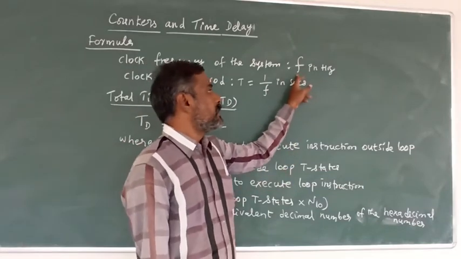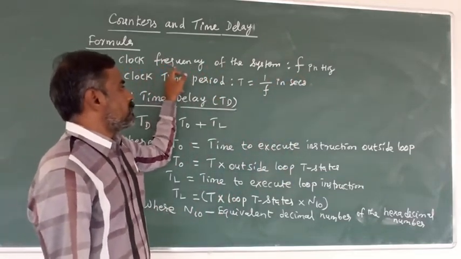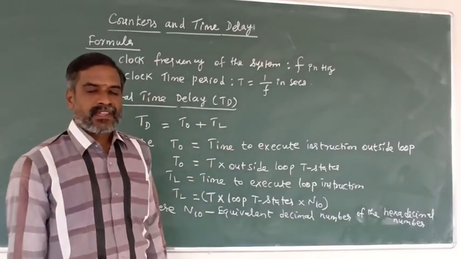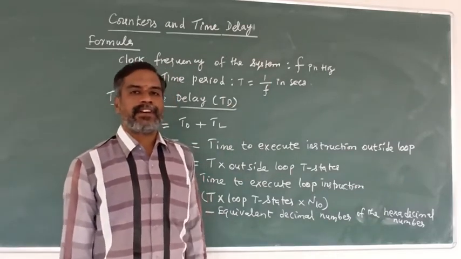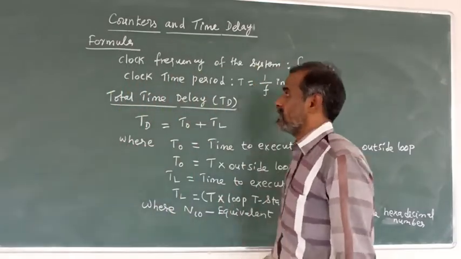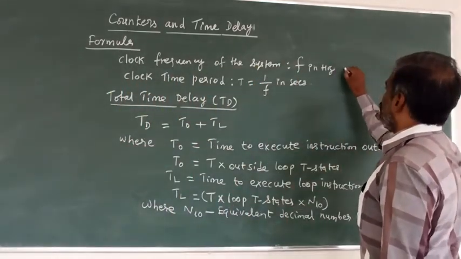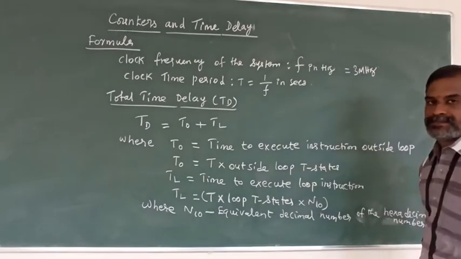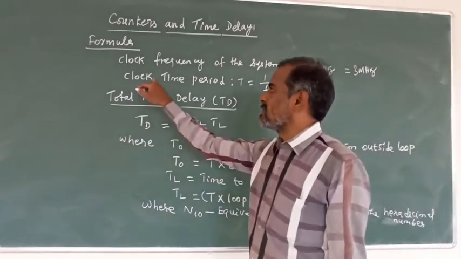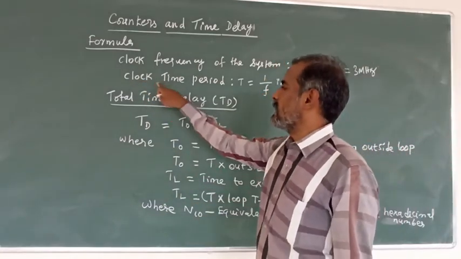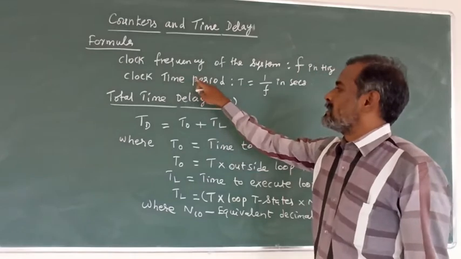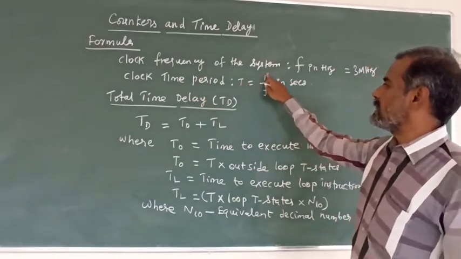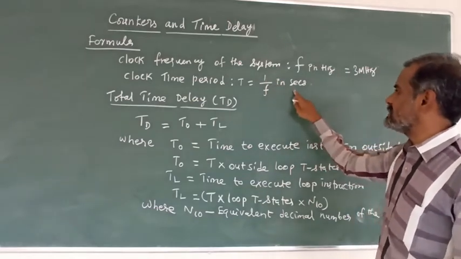For the 8085 microprocessor, the clock frequency is 3 megahertz. Now to calculate the clock time period, the formula is T equal to 1 divided by F, in seconds.